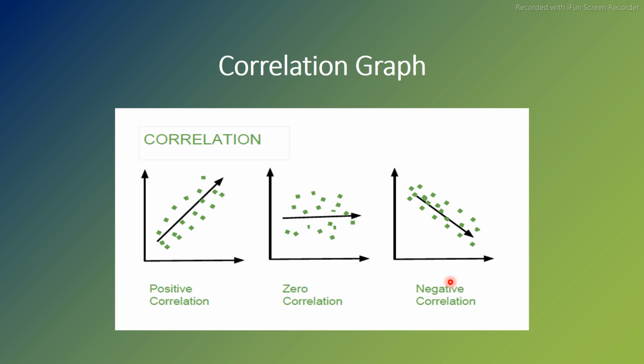In many cases, for example in a business case, you have to check how your two variables are behaving, whether they are increasing or decreasing. The majority of the time you will deal with positive and negative correlation.